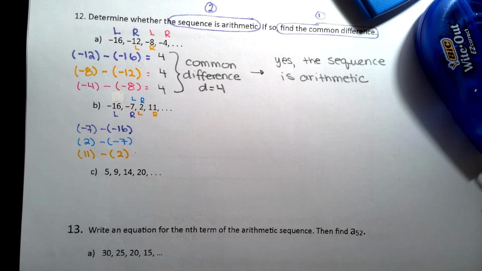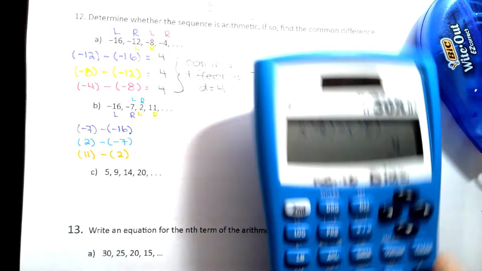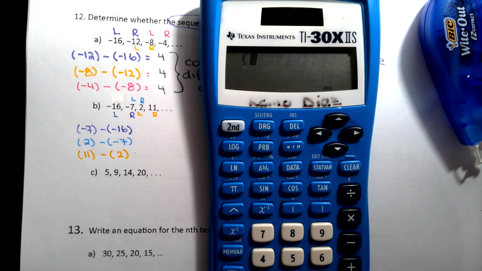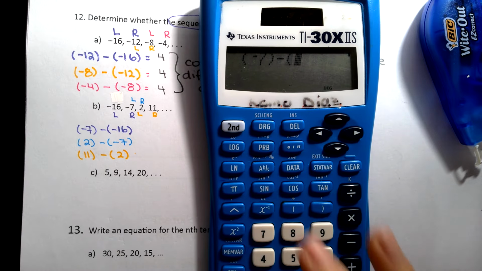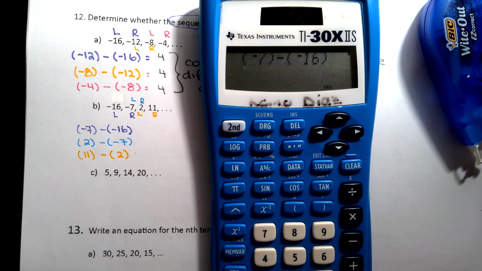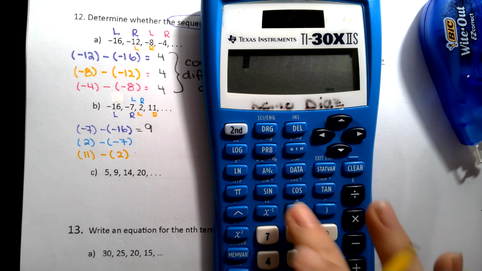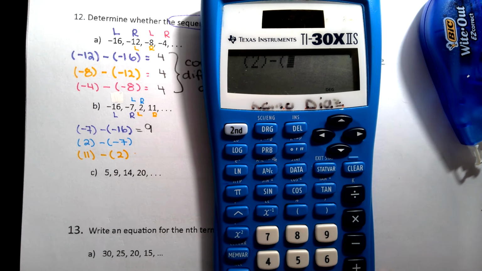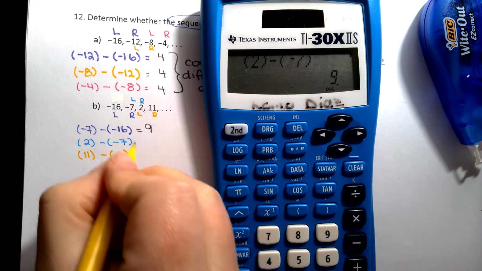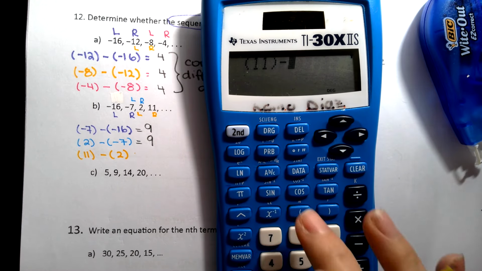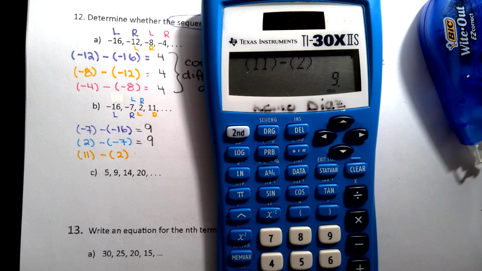We're going to double check all of my numbers and see if any of them give us the same number. Now, all of them must match or the answer is no. So we get 9. 2 minus a -7. Okay, that's 9. That's good. And then here, let's see what this is, also 9.